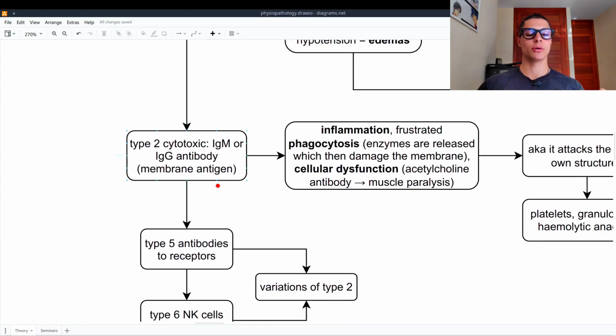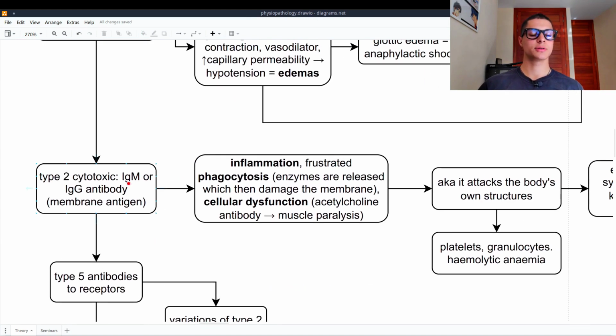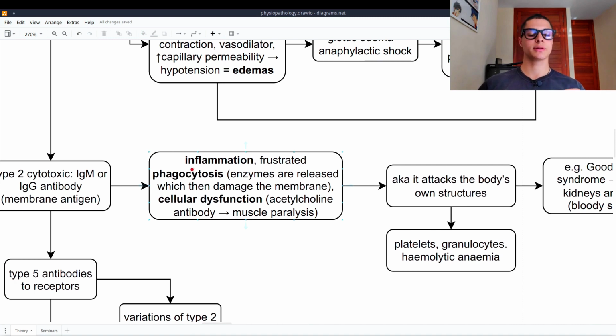Then we have the type 2, the cytotoxic, using IgM, immunoglobulin M, or IgG antibody. This has to do with membrane antigen. Inflammation, frustrated phagocytosis, in which we release enzymes from the cell and then these will damage the membrane. Cellular dysfunction, acetylcholine antibody will create, for example, muscle paralysis. No acetylcholine, no muscle contraction.